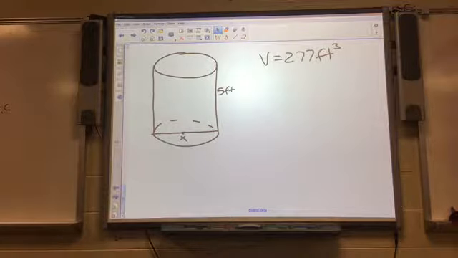Anybody see a catch here before we start this? We don't know the radius. And the diameter has nothing to do with volume, right?